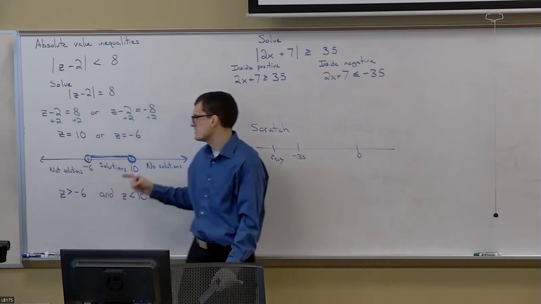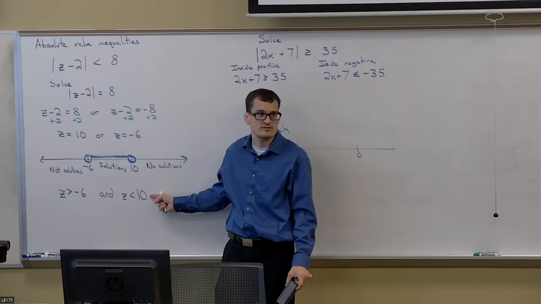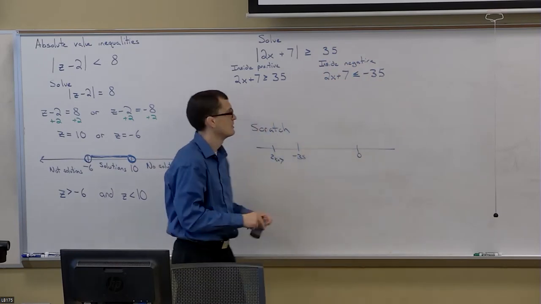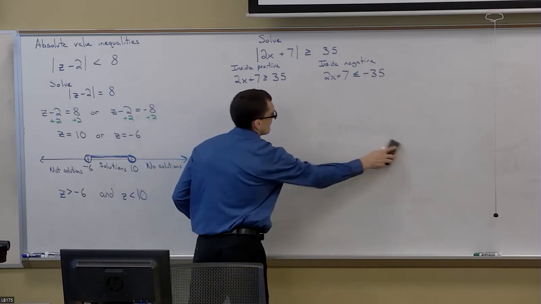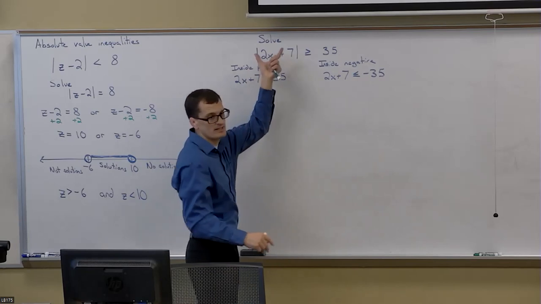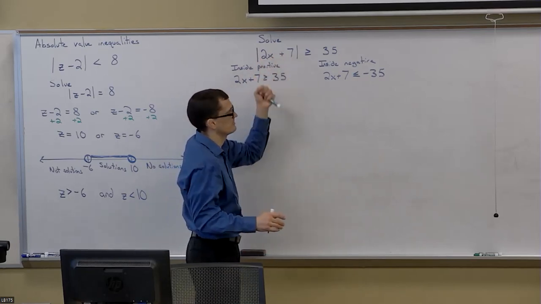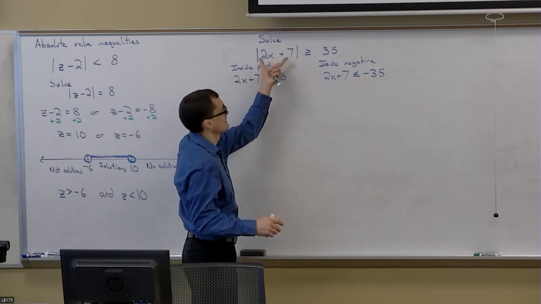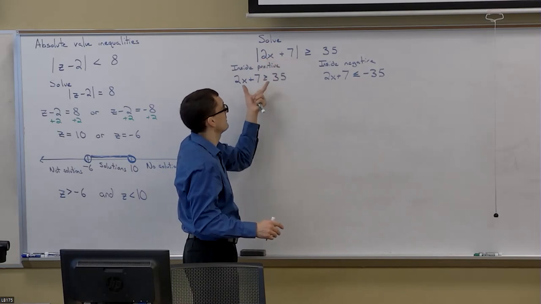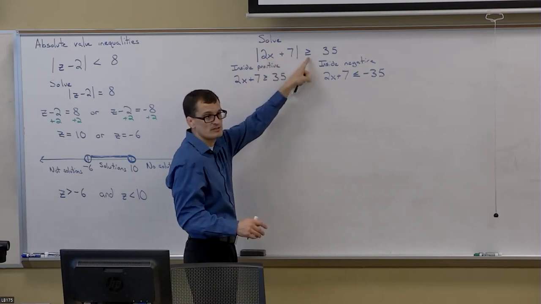So if you wanted to get the algebraic answers without having to think through it on a number line, you can do so by first isolating the absolute value. You always want to isolate the absolute value. That's done on these two. Then say, if the inside is positive, I keep the sign in the same direction.